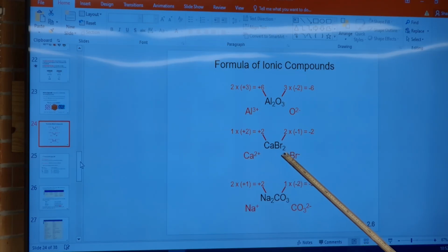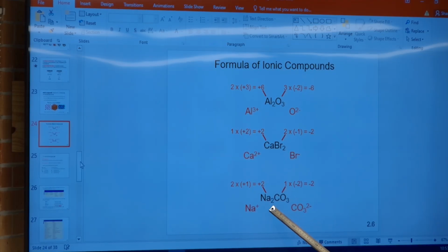Let's say this, calcium bromide. Calcium is from group 2A, if you look at the periodic table. Group 2A loses 2 electrons, so positive 2. While bromine, where is the location in the periodic table? Group 7A, gains 1 electron, right? So -1, but you have 2 bromine there, -2. Calcium positive 2, balanced. The formula has 1 calcium and 2 bromine. 1 to 2, already simplified.